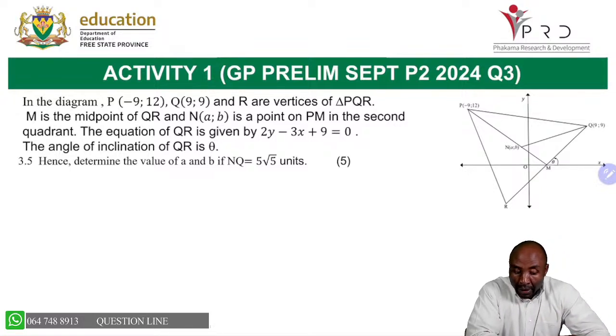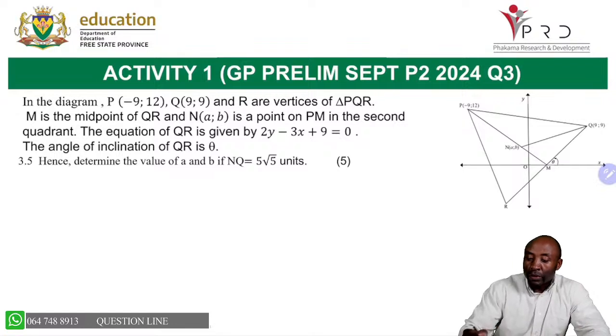Now, we have to determine the value of A and B if NQ is equal to 5 root 5 units. Now, NQ is a distance between 2 points, so we are going to be using the distance formula.